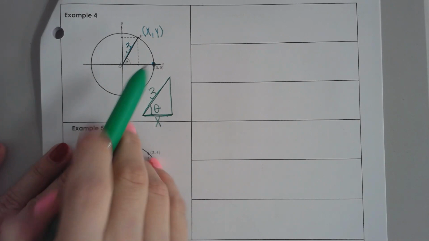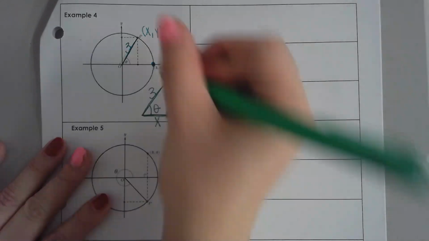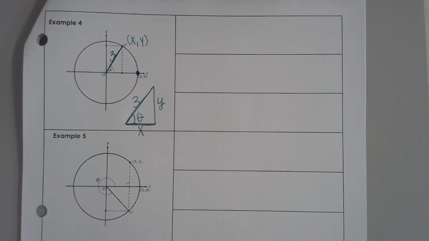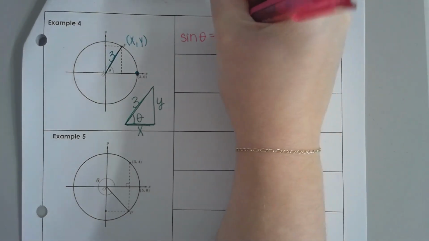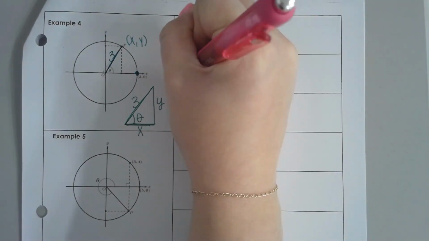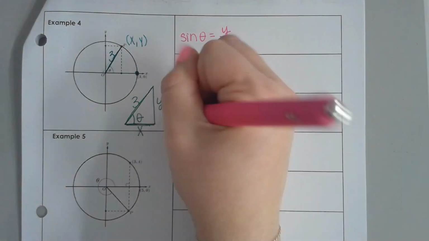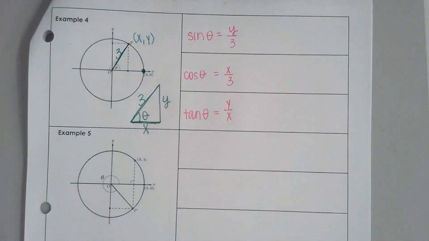Because I don't know what this point is, so I don't know the number. So what would the height be? Y. Yep. So now fill in your sine, cosine, tangent. For sine of theta, you should have y over 3. Cosine theta, x over 3. And tangent of theta, y over x.